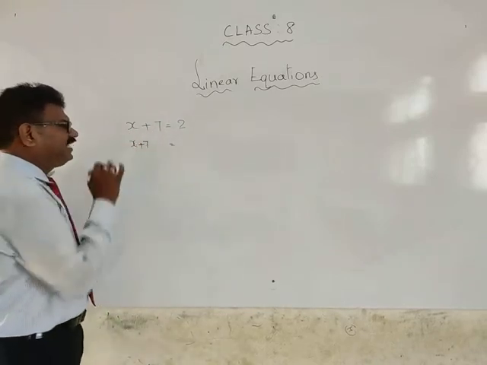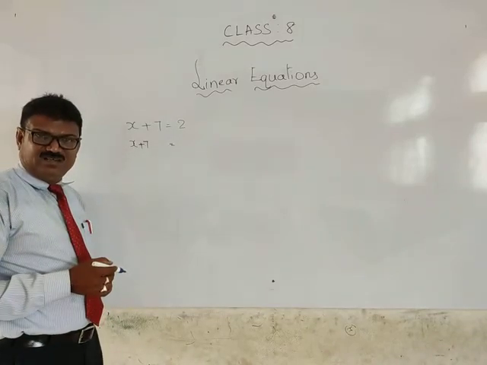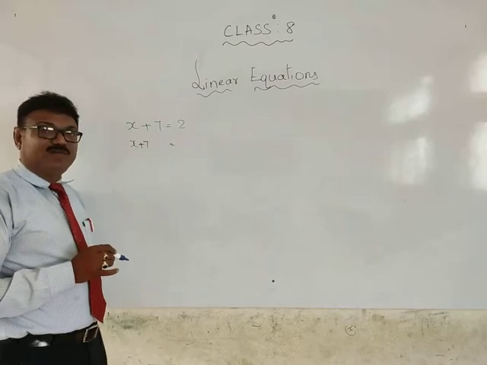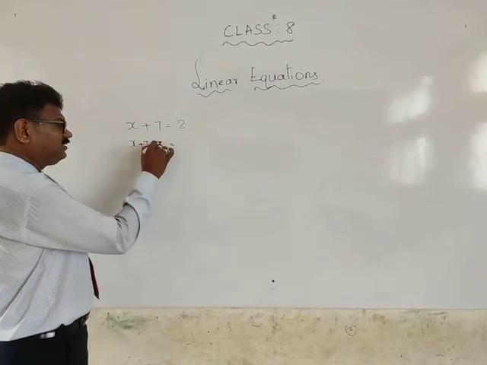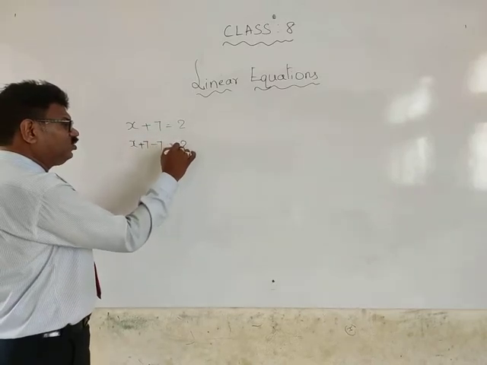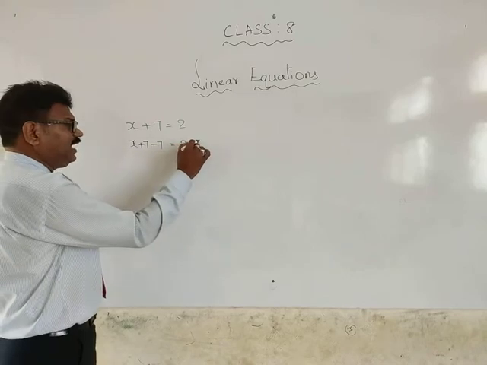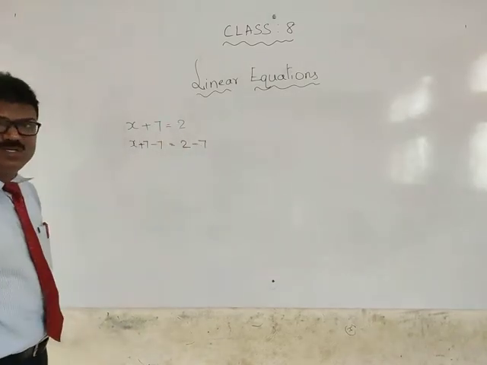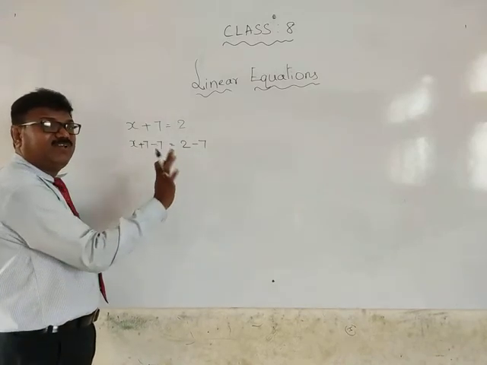If I want to cancel this plus 7, with what number should I cancel? The same number with a different sign, the additive inverse, minus 7. Here 2 is there, but you should add minus 7 here also. That means physically we are changing, but mentally we are not changing.